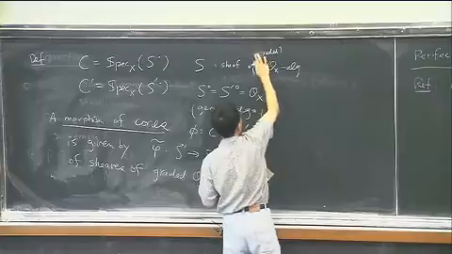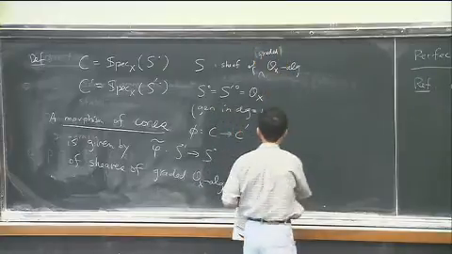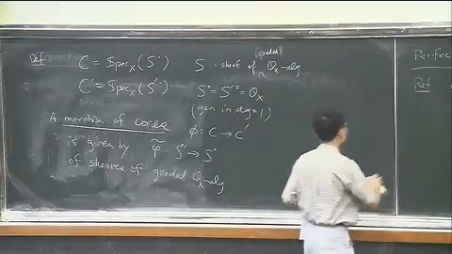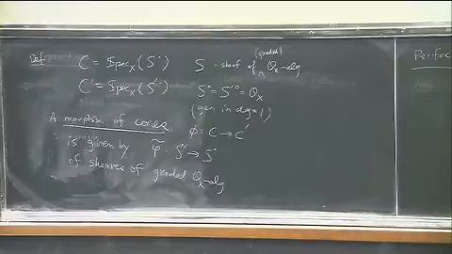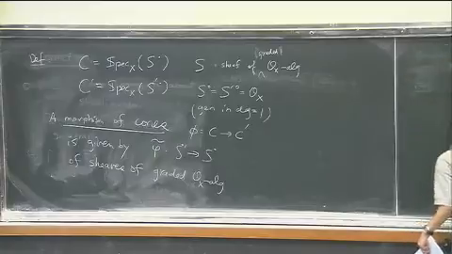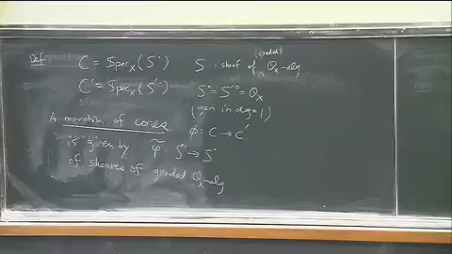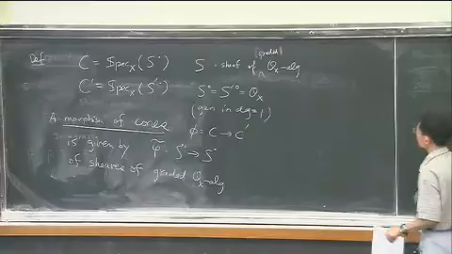This is important, so maybe I'll write graded OX algebra. The grading gives you the cone structure because it gives you a sort of C star action on your space.